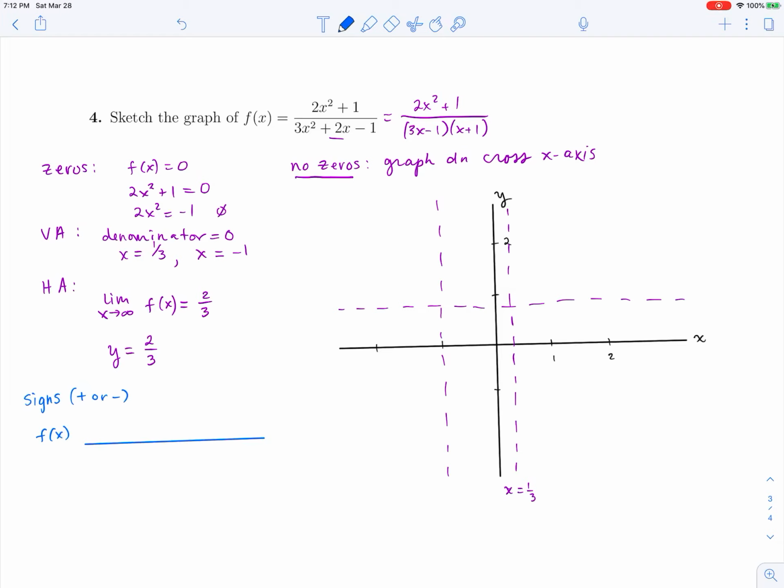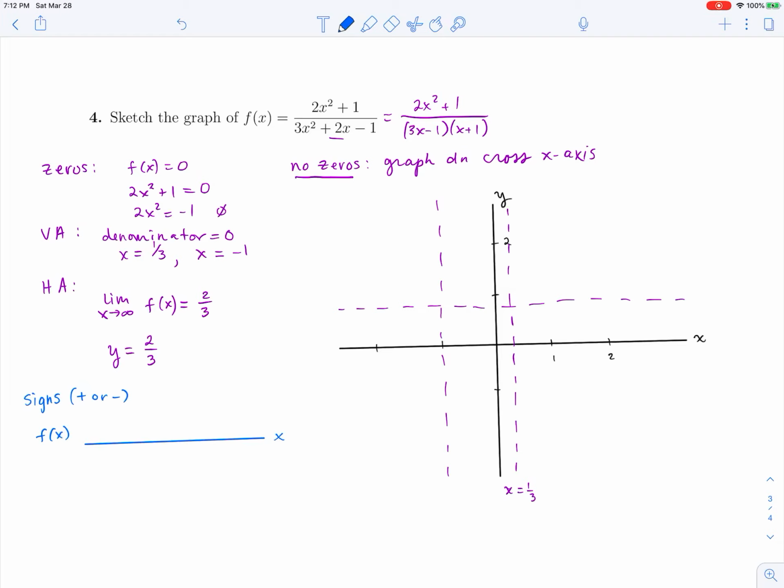I'm going to copy over the x-axis. The points I'm interested in, where the signs are able to change, are anytime any of the factors of the original function are 0. So that numerator can't be 0, but those two denominators can be 0 at -1 and at 1/3. So these are the x values for which our graph can change from positive to negative and negative to positive.